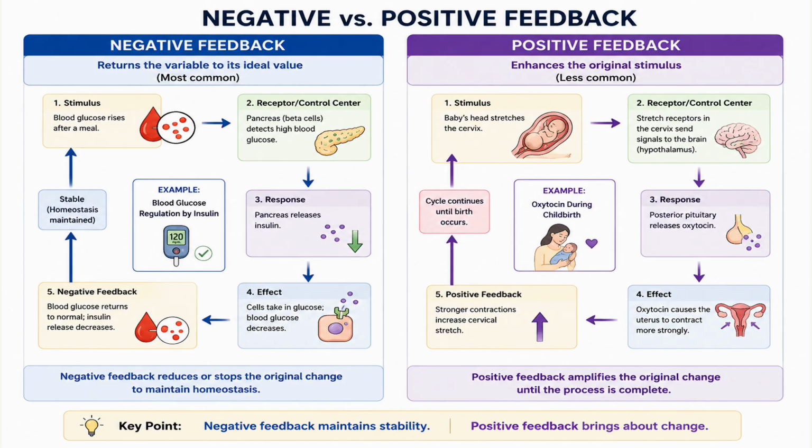Now the positive feedback loop continues until the baby is delivered, at which point the stimulus is removed and the hormone release is decreased. So basically, in summary, negative feedback maintains stability by reversing a change, while positive feedback promotes change by amplifying a response until a specific outcome is achieved.